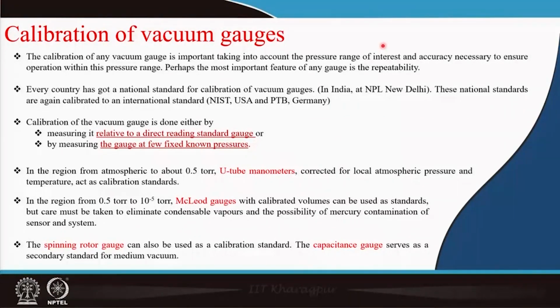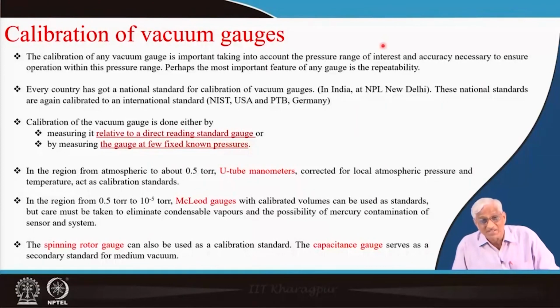correct? If they do not have confidence, a good semiconducting manufacturing company with proper calibration standards will be able to produce better chips compared to another semiconducting company.